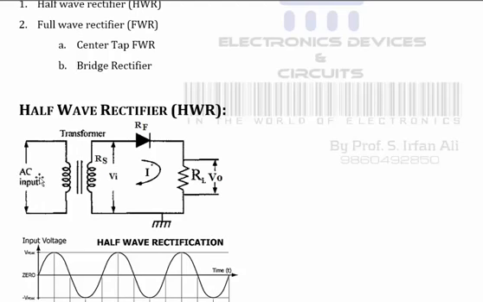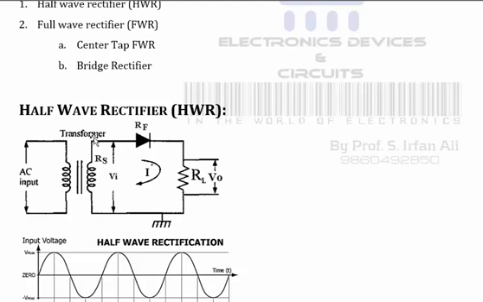When we connect the AC signal here, it will have positive and negative pulses. When the positive pulse comes, the upper part of the primary becomes positive and the lower becomes negative, so current will flow from positive to negative. The secondary is mutually coupled with the primary, so in the positive half cycle of the input, the upper part of the secondary becomes positive and the lower becomes negative.